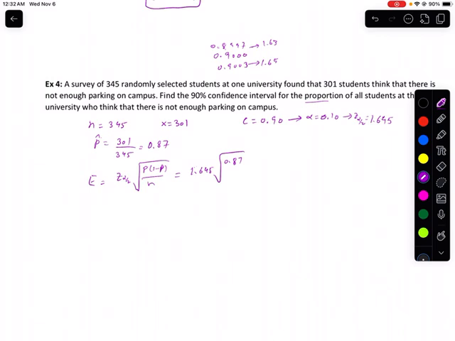But remember, the best estimate of P is 0.87.